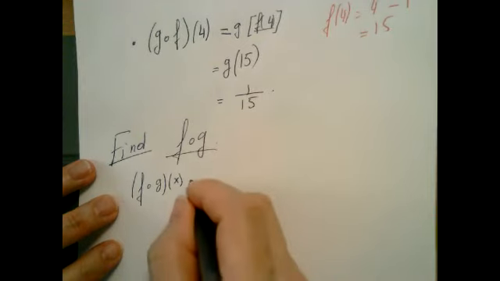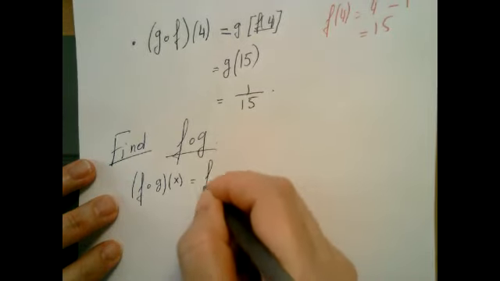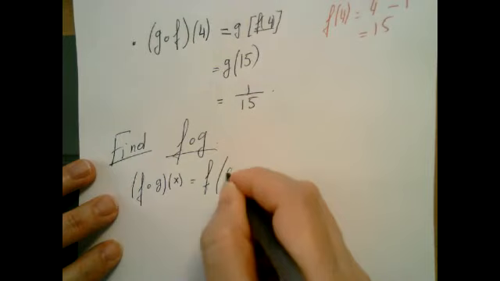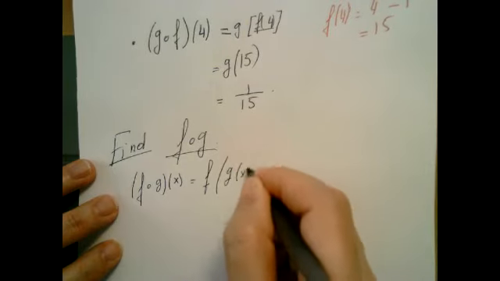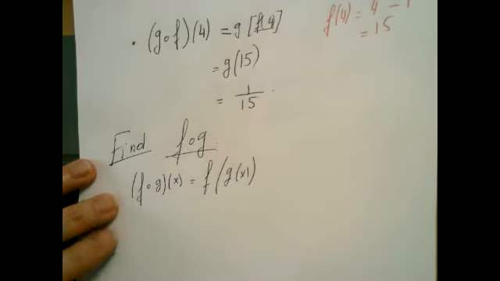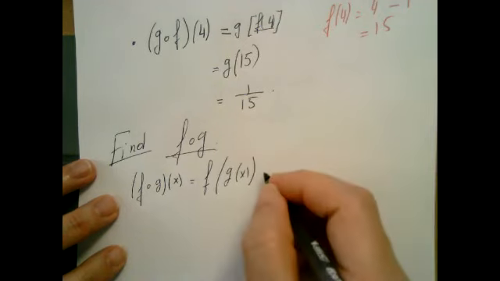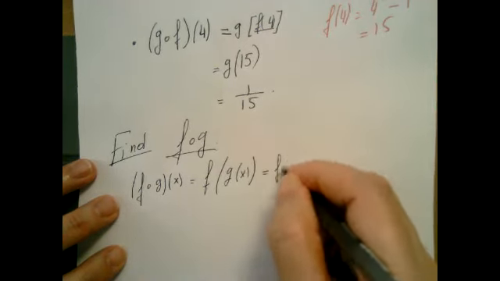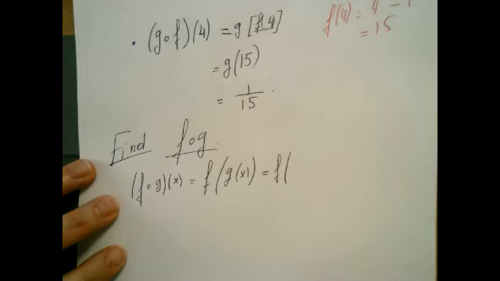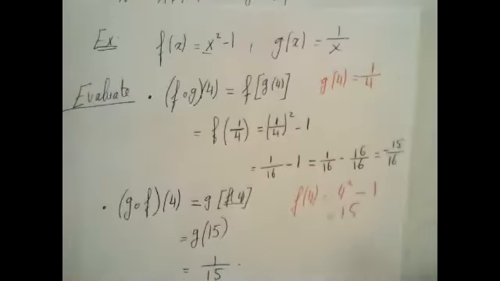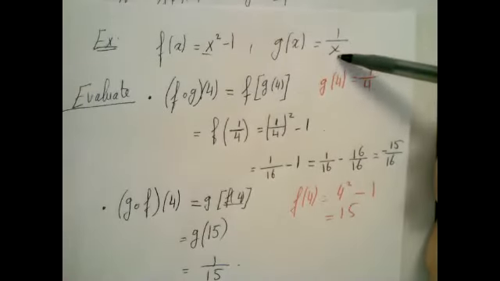But this is not hard at all. So what's the definition? It's f of g of x. Once you write it in this format, you're safe. So it's equal to what? f of, what's g of x? What does g do? g takes 1 over your input.